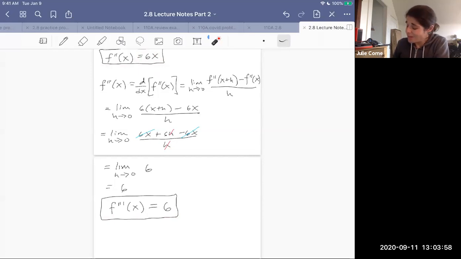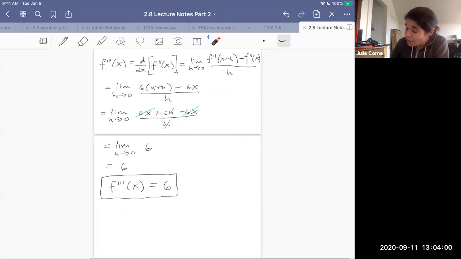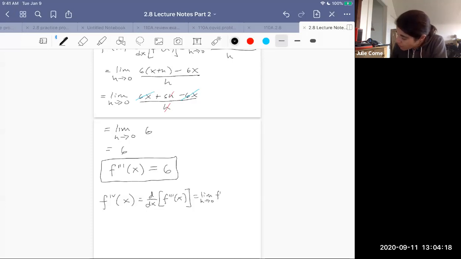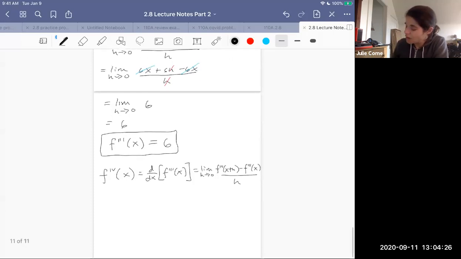All right, what about the fourth derivative of f of x? Well, that's the derivative with respect to x of f triple prime of x. That's going to be the limit as h goes to 0 of f triple prime of x plus h minus f triple prime of x over h.